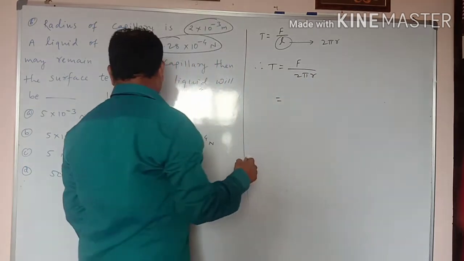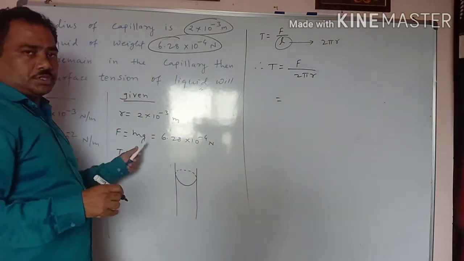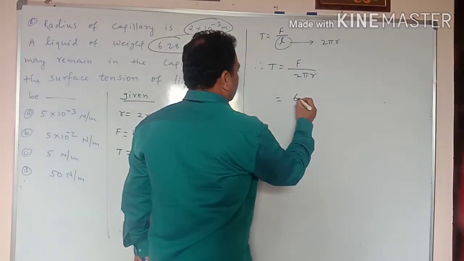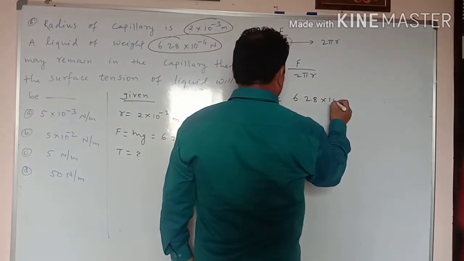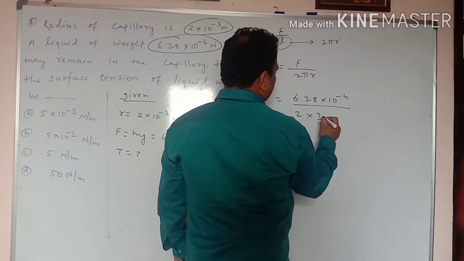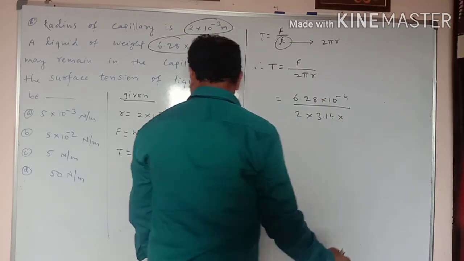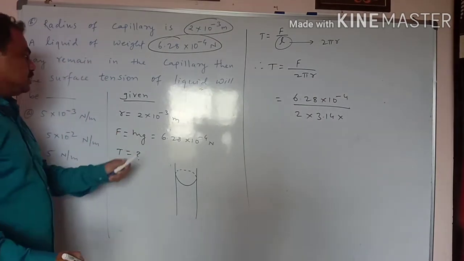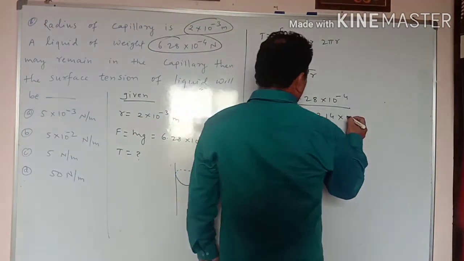Now we just have to put the given values here. Force, that is 6.28 into 10 to the power minus 4, upon 2 pi, that is 3.14, into r. r is given, it is 2 into 10 to the power minus 3.